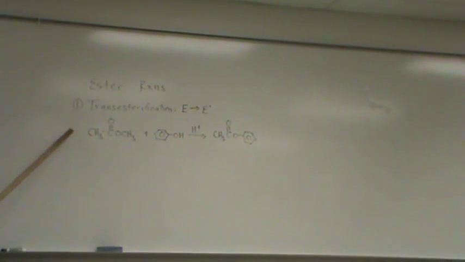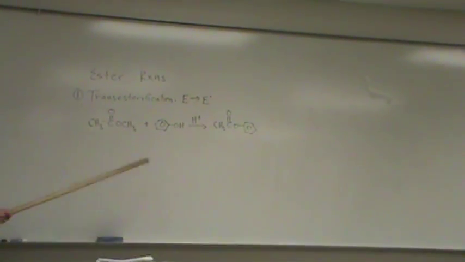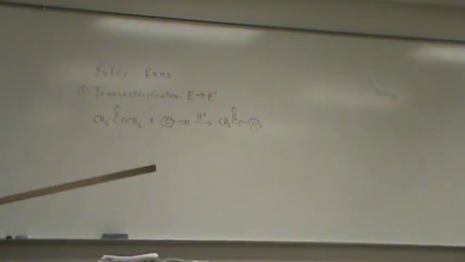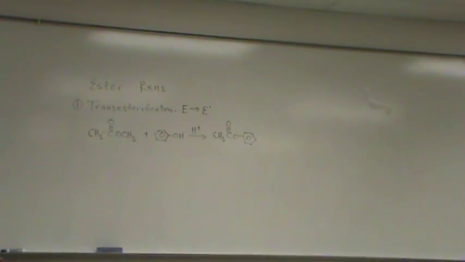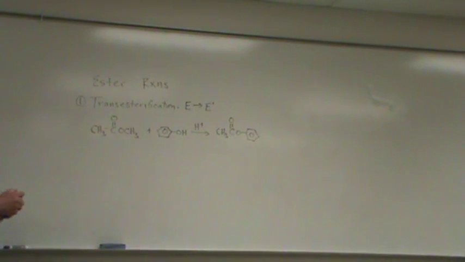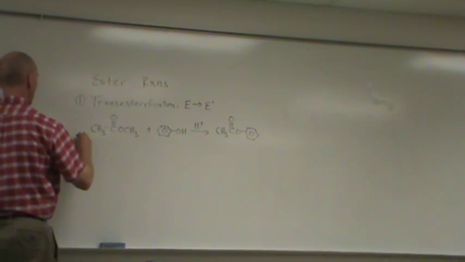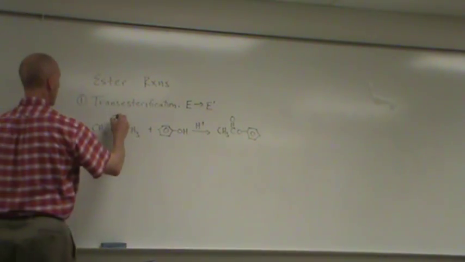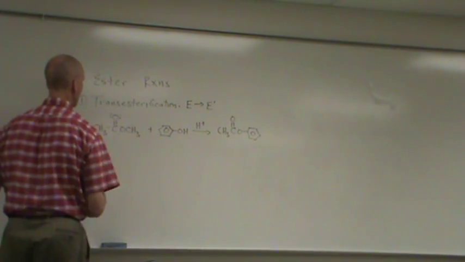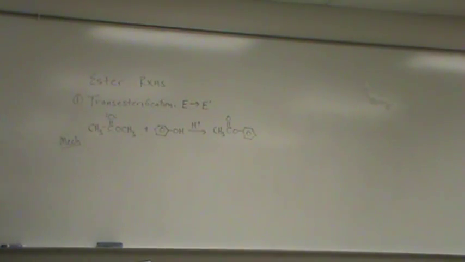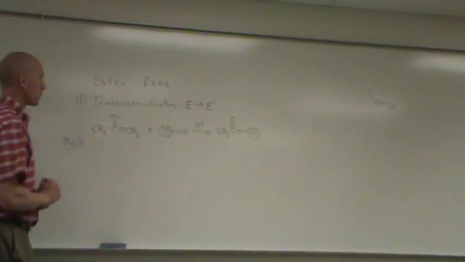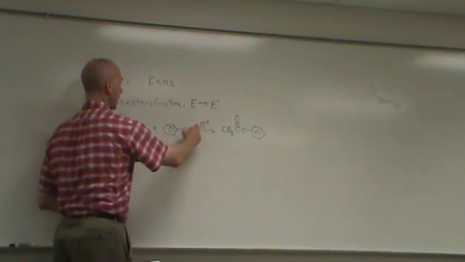This is one of the ones in this chapter 2 we need to study the mechanism of. So let's go ahead and look at that. First step, notice we have an acid catalyst.